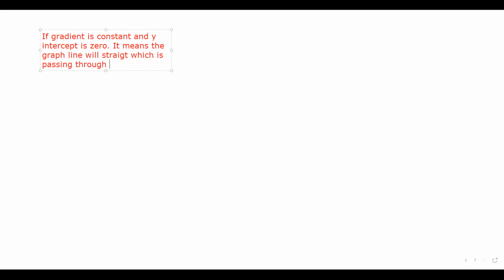if the gradient is constant and the y-intercept is 0, it means the graph line will be straight, which is passing through the origin.